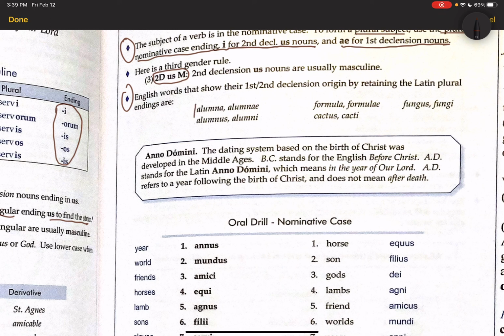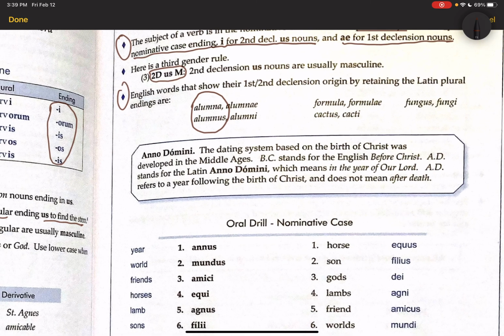One graduate from a college or school would be called an alumna or an alumnus, whether male or female. And a group of them would be called alumni or alumnae, to refer to a group of people. Same with formula, formulae, cactus, cacti, and fungus, fungi.